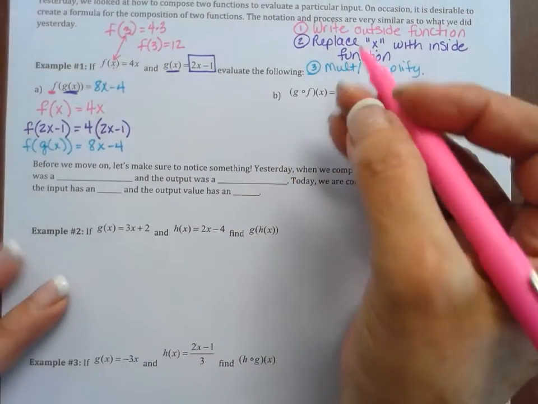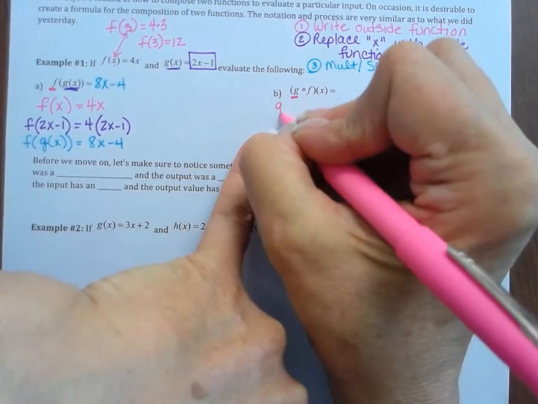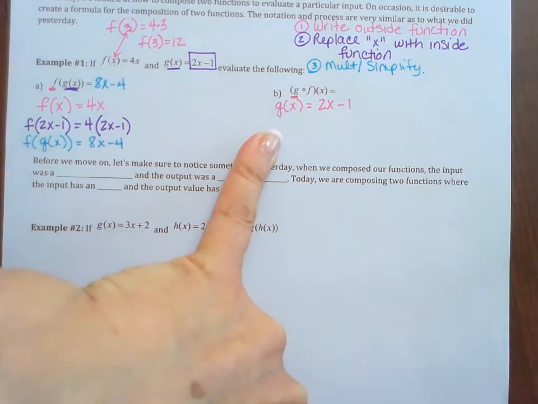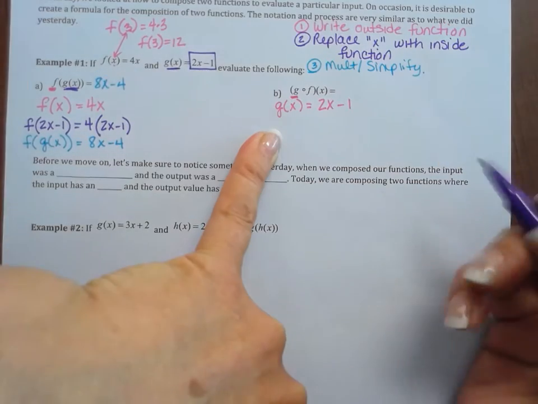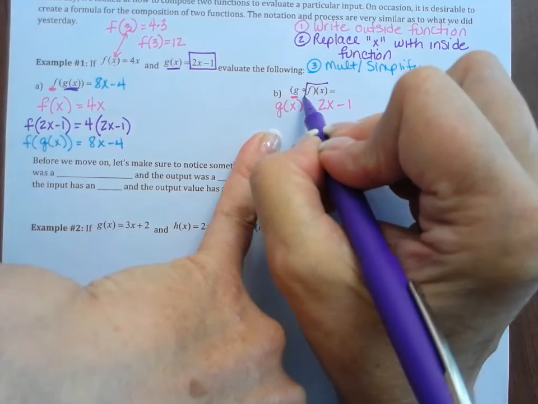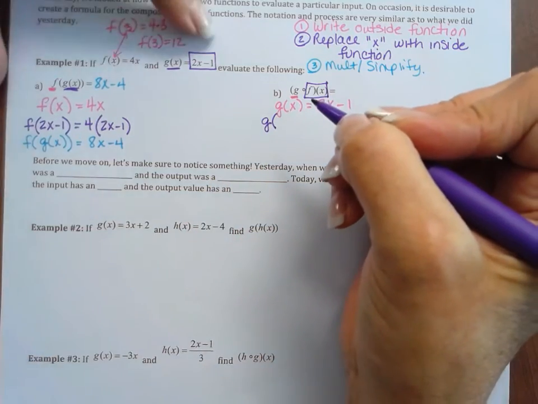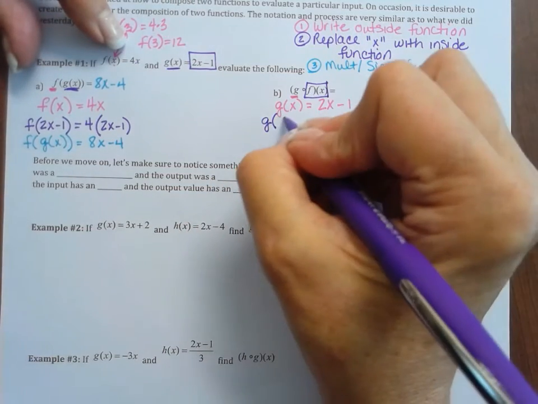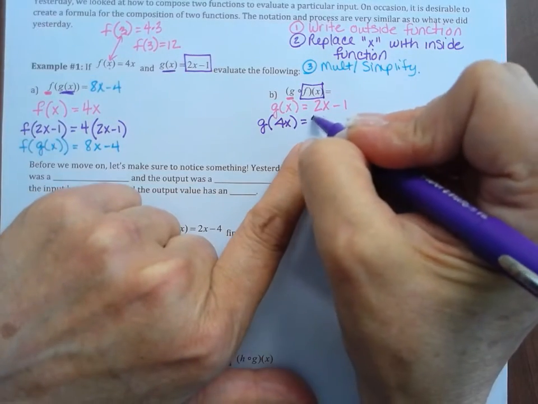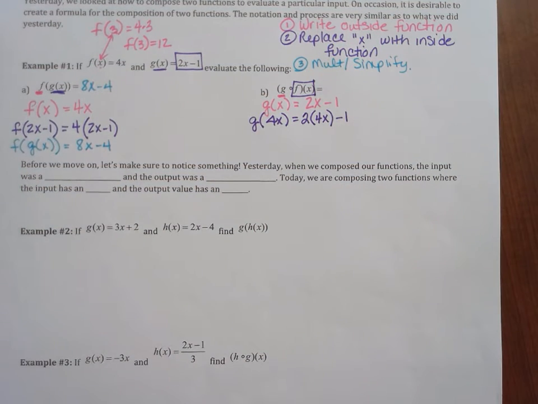So, I'm going to write my outside function, which is the g of x, which is 2x minus 1. I'm going to replace my x's with the f of x. So that means my f of x is 4x, and then this x, so it would become 2 times 4x minus 1.